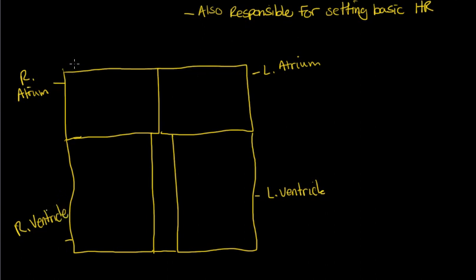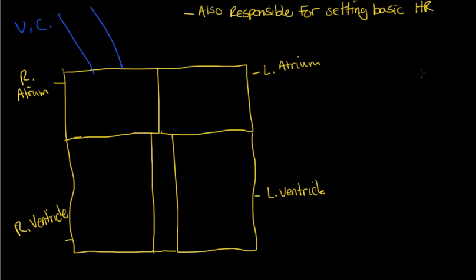Just as a quick review, remember that blood comes in from the vena cava into the right atrium, gets pumped from the right atrium into the right ventricle, from the right ventricle out through the pulmonary trunk and into pulmonary arteries, heading towards the lung where the blood gets oxygenated.